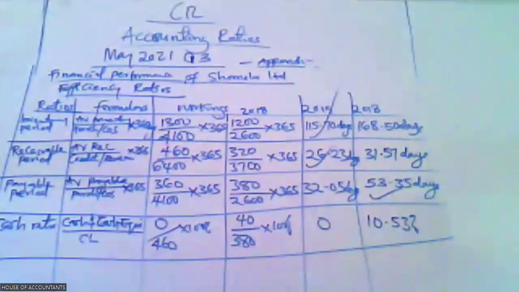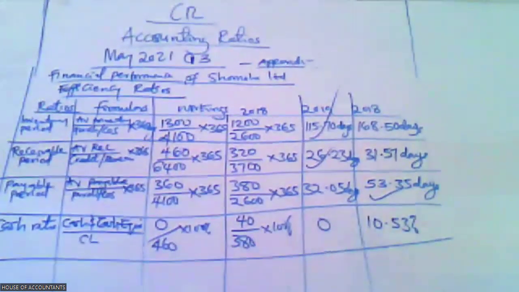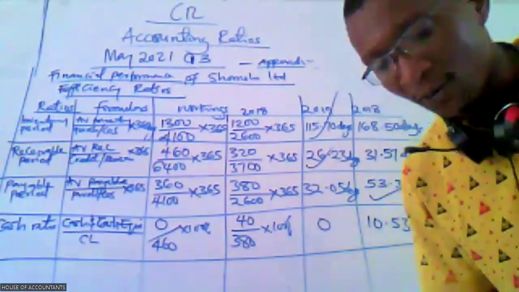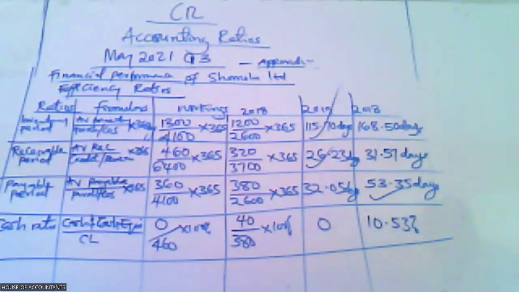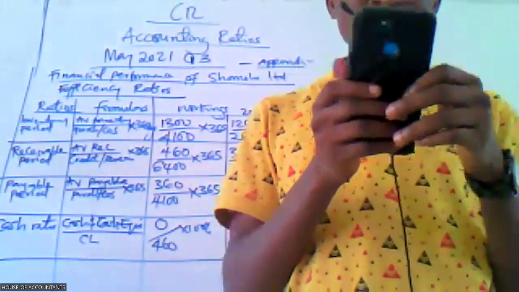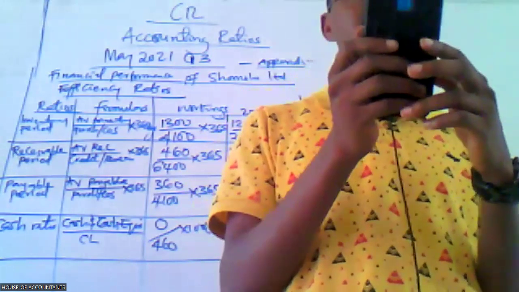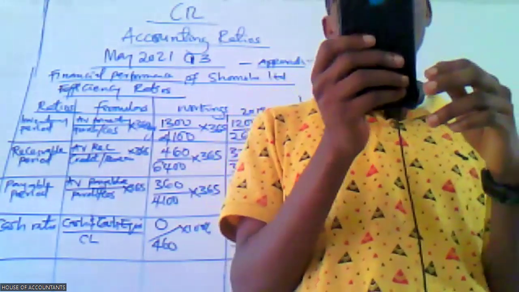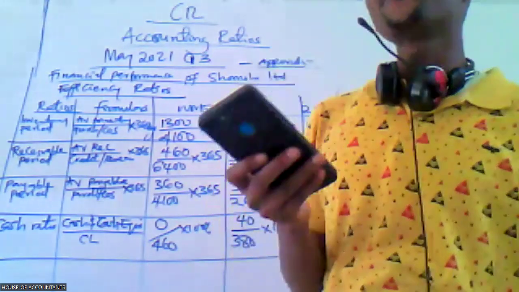So that is all we can calculate under efficiency. I believe my online students are with us. So this one is just a jolly topic, but I'll do it again, and that is why we put it at the end. After these calculations, we will read the report together to see how the report is supposed to be.